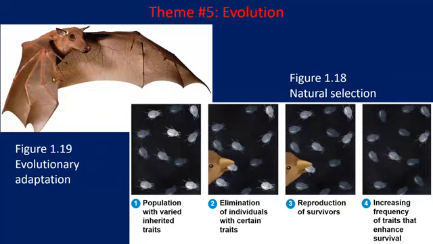The webbing is extended between the fingers, and that's how it forms the wing. So for the bat, even though it's a mammal, it has evolved to fly with this adaptation.